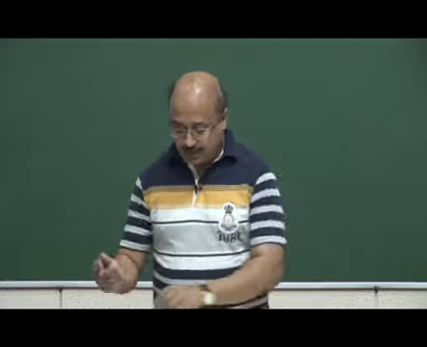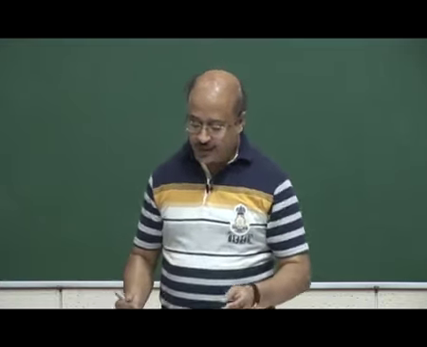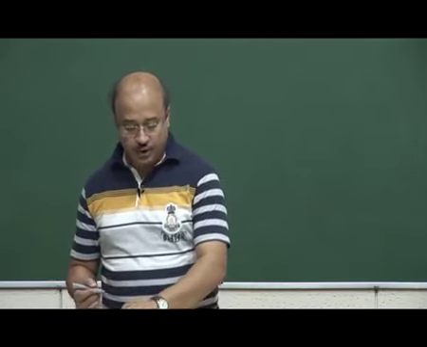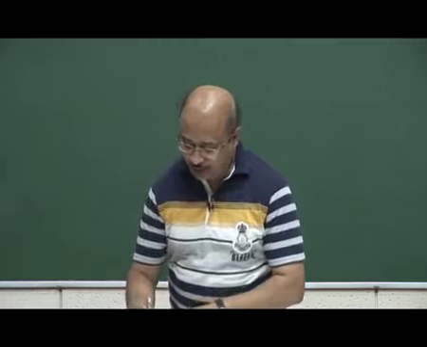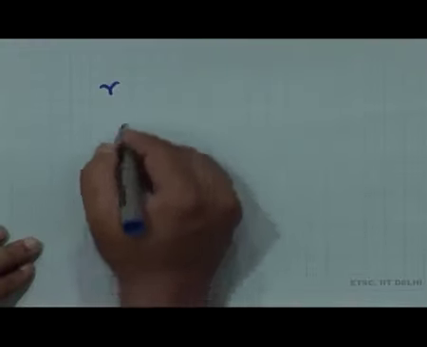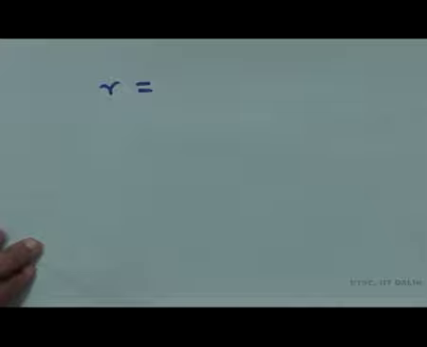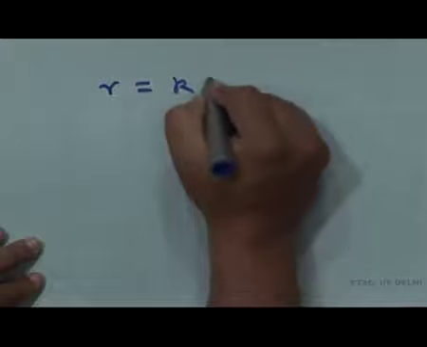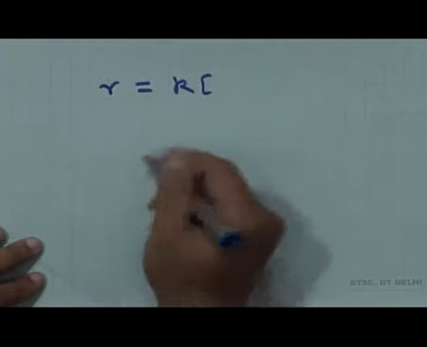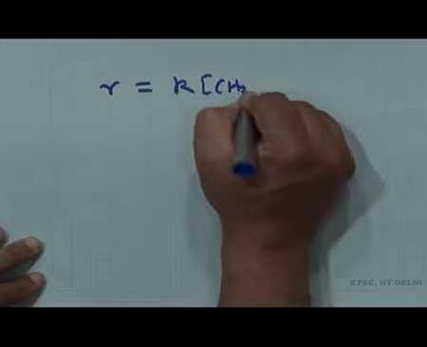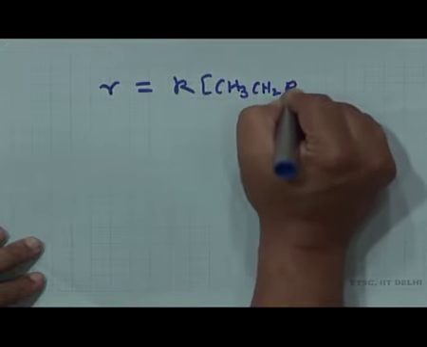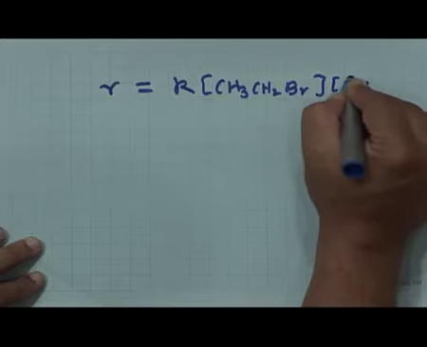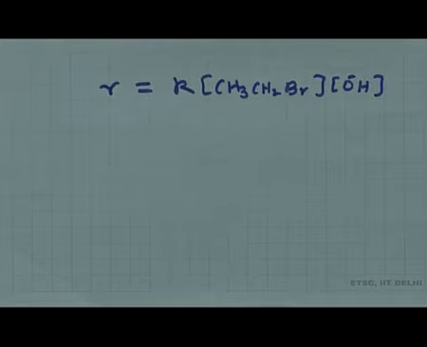To think about this, I can go ahead and write that because the balanced chemical equation is conveying the one step nature of this process, the rate R for this elementary reaction is given by k times the reactants, which in this case are CH3CH2Br and OH minus.